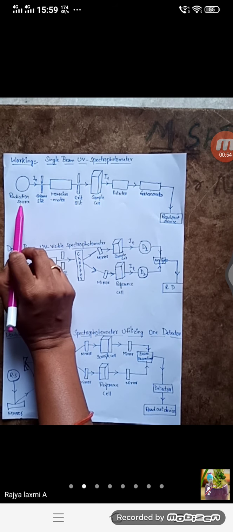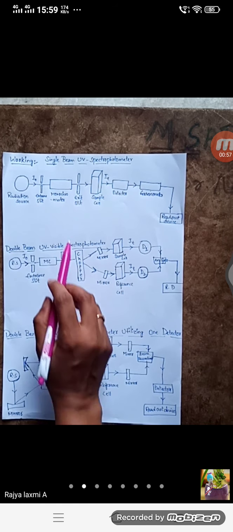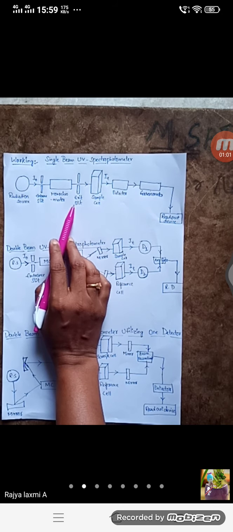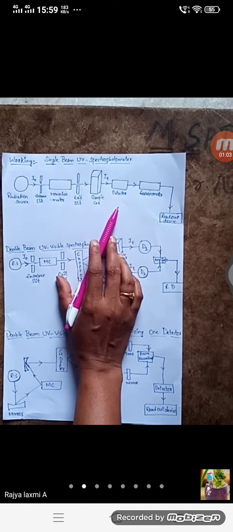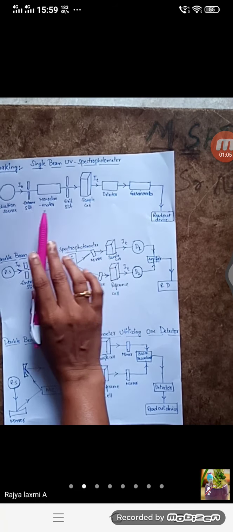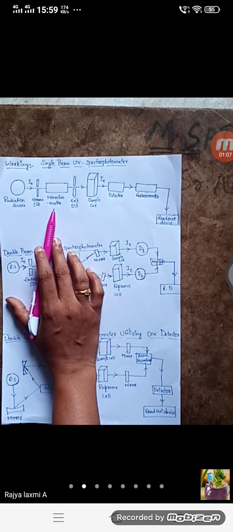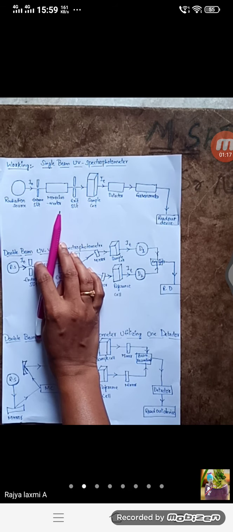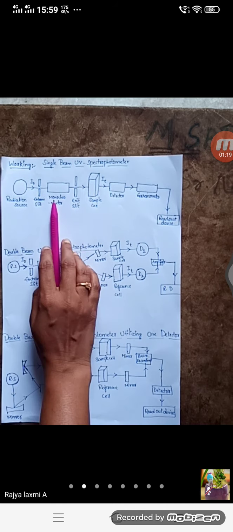Next is the monochromator entrance slit, monochromator, exit slit, next the sample cell, next the detector. In the monochromator, it may be either filters or gratings.